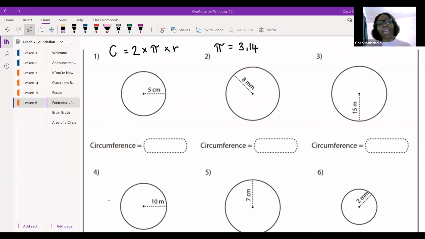I see Tyler's like, "I'm still a bit confused." Okay, Tyler, this is what I'm going to do. Remember, we're looking for circumference. Tyler, tell me in the chat, what is the radius of the circle over here?